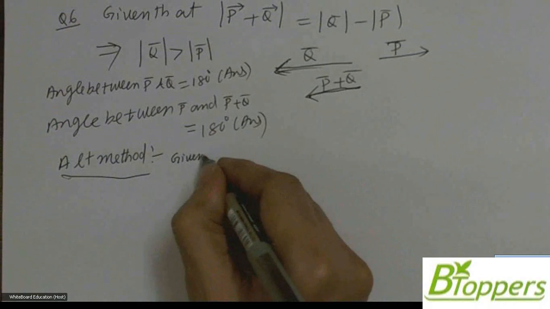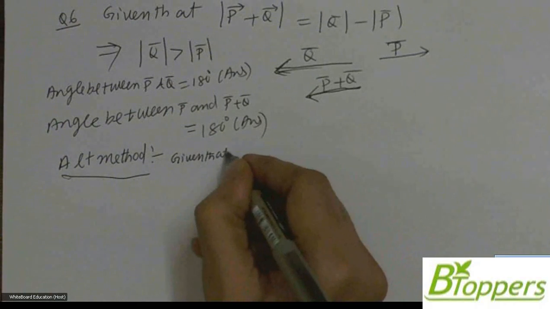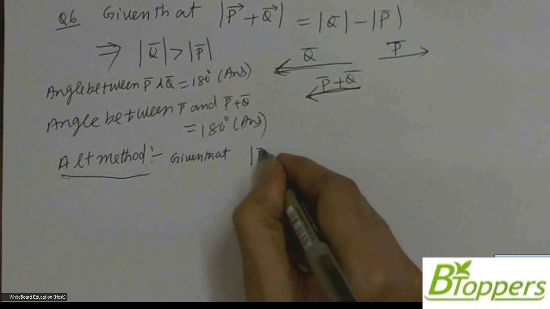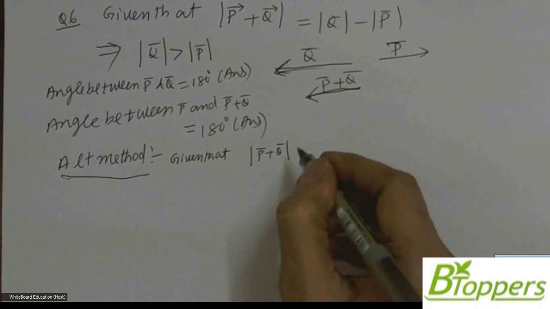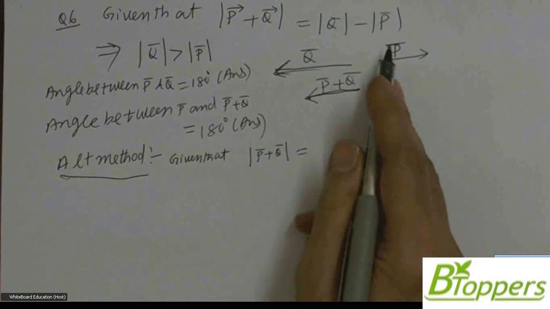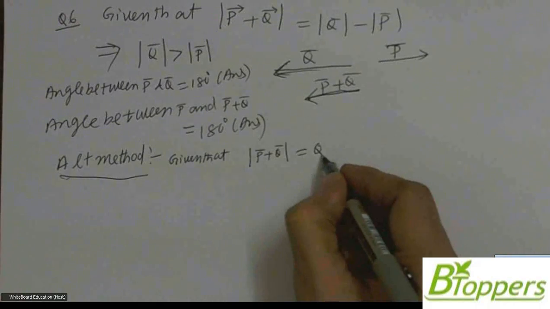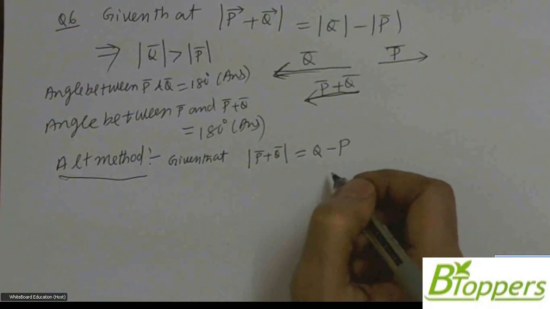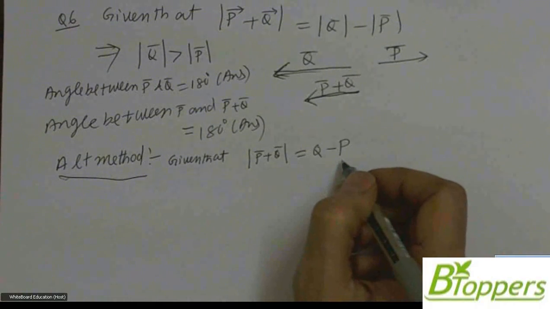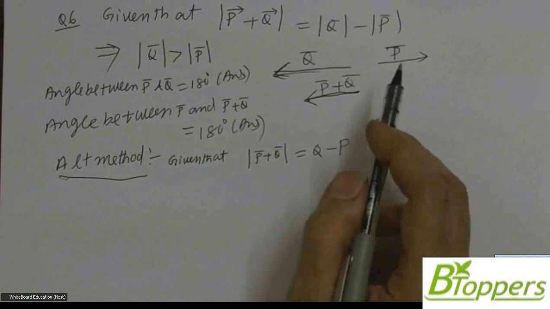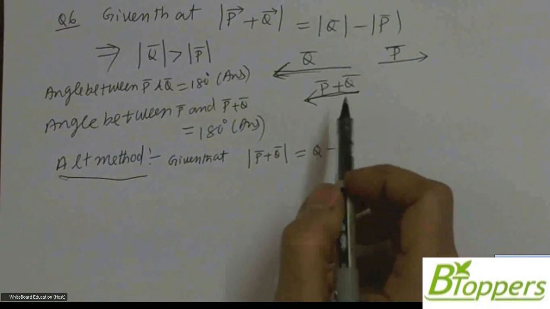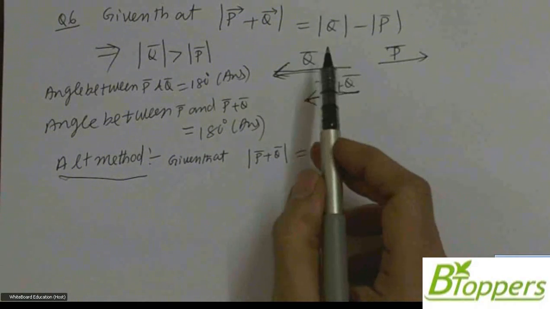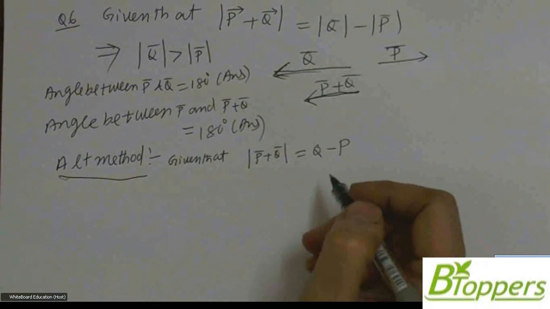It's given that the magnitude of the resultant of P bar and Q bar is equal to mod of Q bar minus mod of P bar, which you can write as Q minus P. If you write letter P without the bar symbol, it represents the magnitude of P bar; likewise Q represents the magnitude of Q bar.